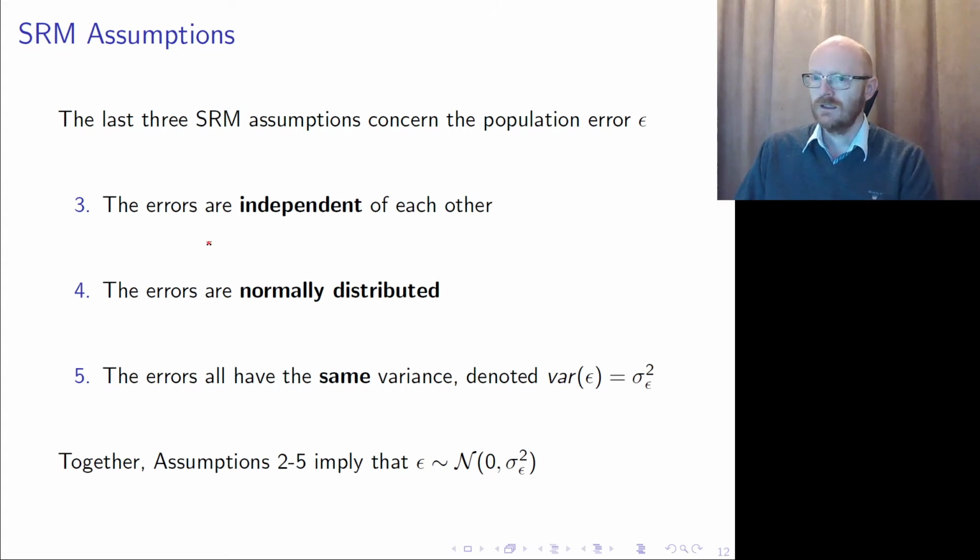For example, the correlation between error i and error j should be 0. So you should not be able to forecast the error in any way.